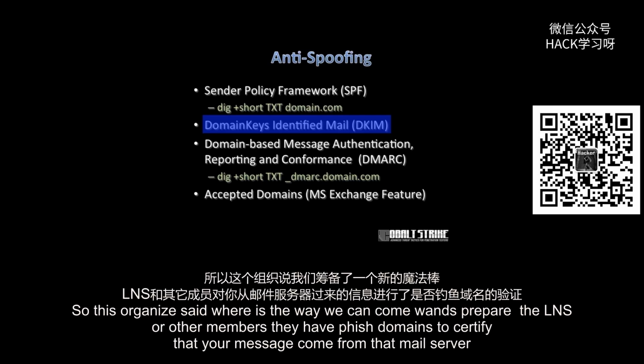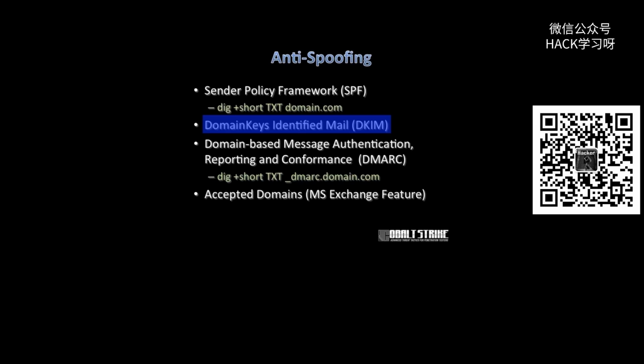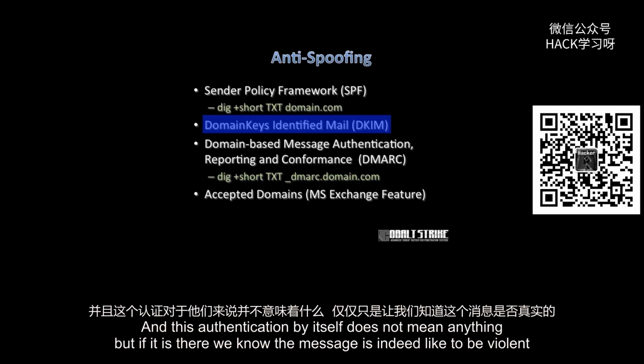So these organizations said, what if there was a way we could convince PayPal, the IRS, or other members of these heavily phished domains to certify that a message came from their mail server? And this lack of certification by itself doesn't mean anything, but if it's there, we know the message is likely to be valid.